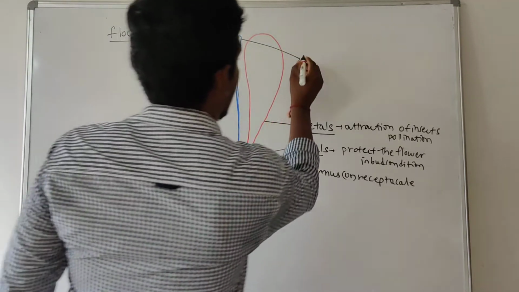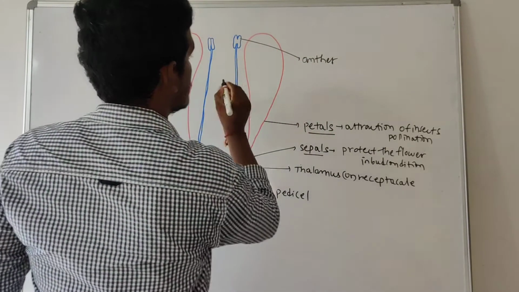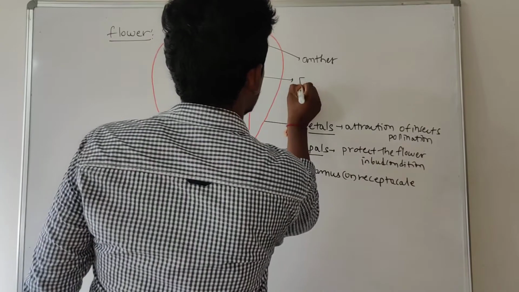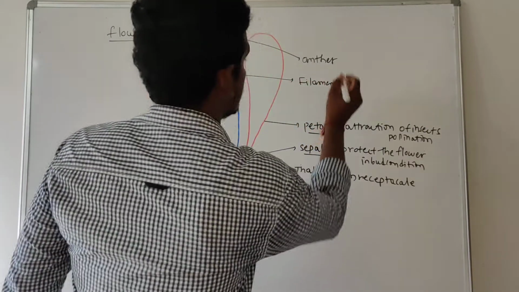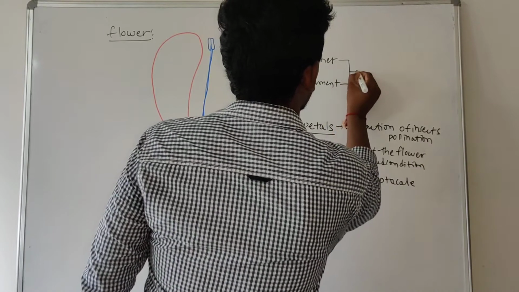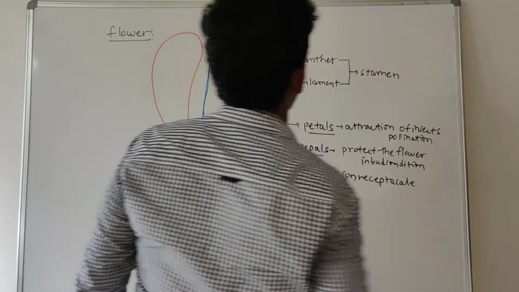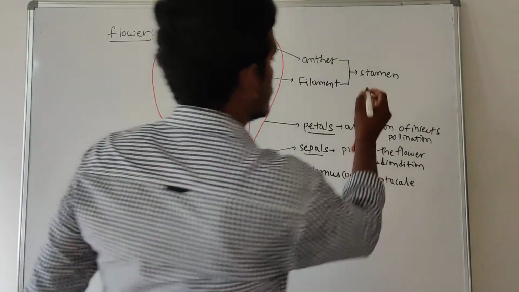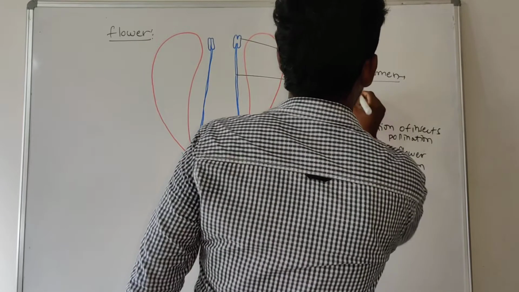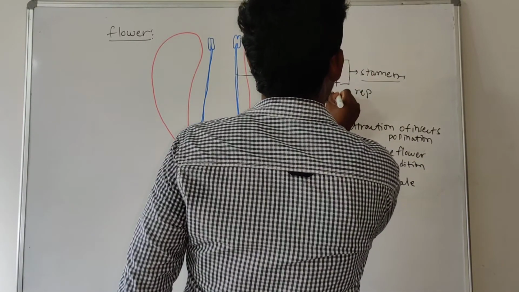The stamen is the male reproductive part of the flower.